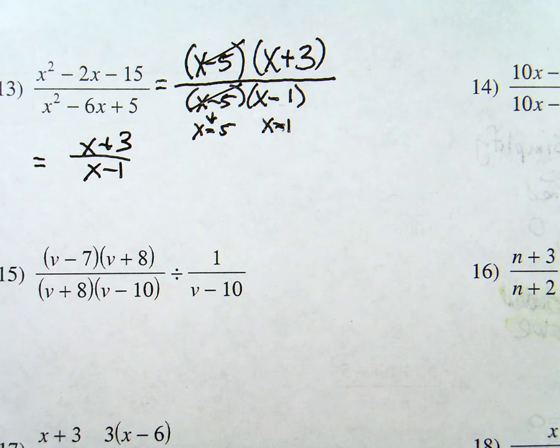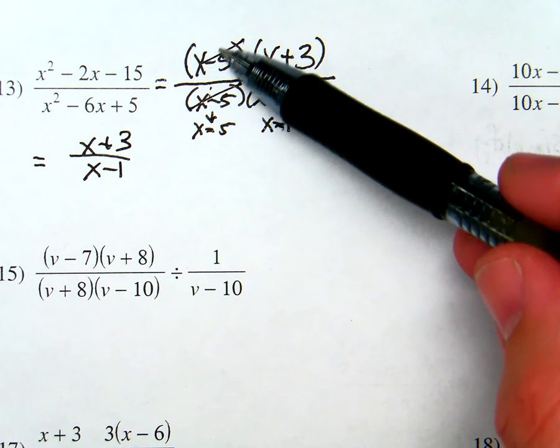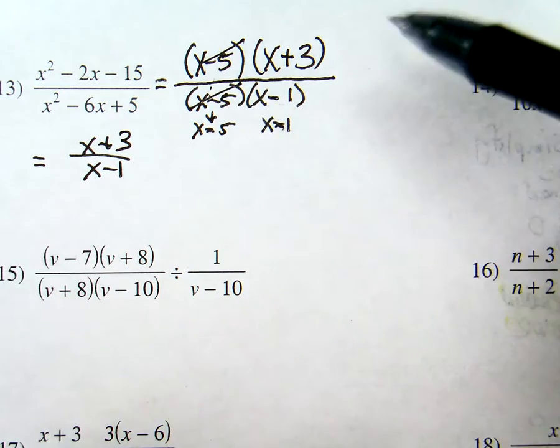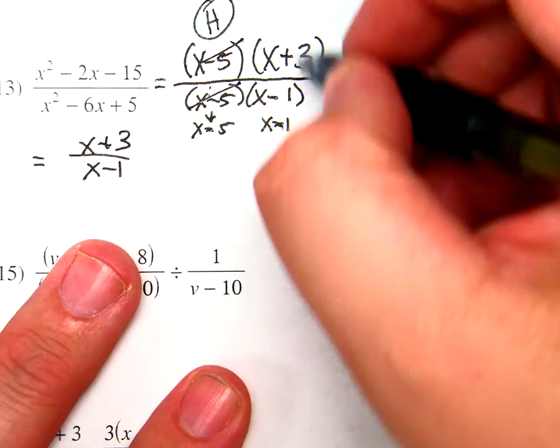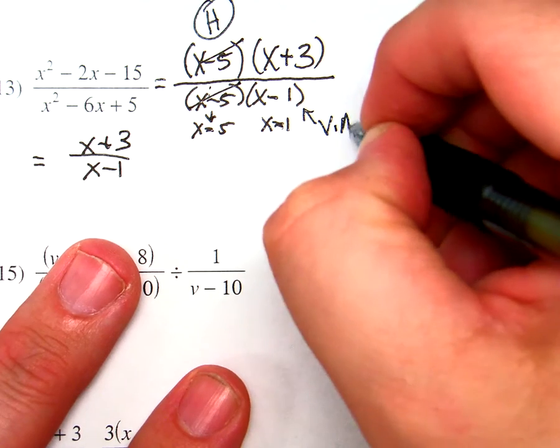Now, do I have a hole or a vertical asymptote at x minus 5? I have a hole there. And what about here? That's a vertical asymptote because it's hardwired in and I can't get rid of it.